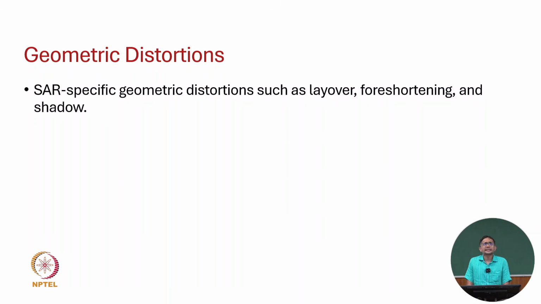With SAR images, we see several significant and interesting geometric distortions such as layover, foreshortening, and shadow. We'll not go into the discussion of all this, but if you're interested, you can look up some remote sensing specific course. And if you are really interested in working with SAR, understanding these aspects is also very important.